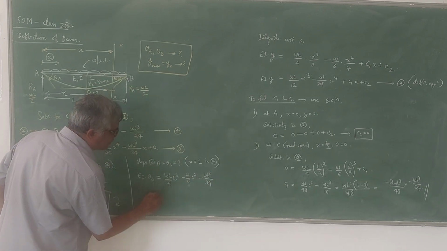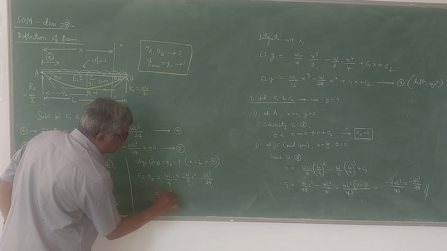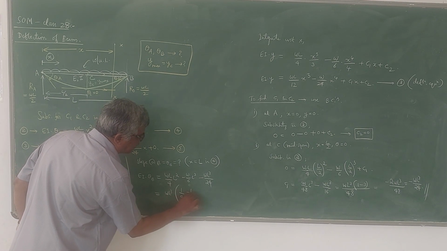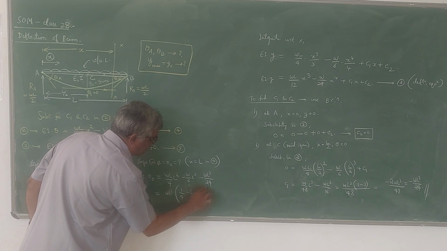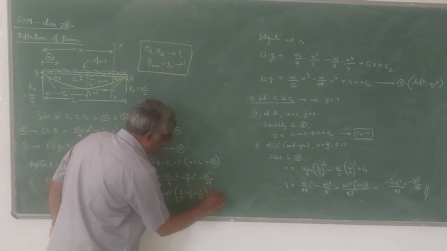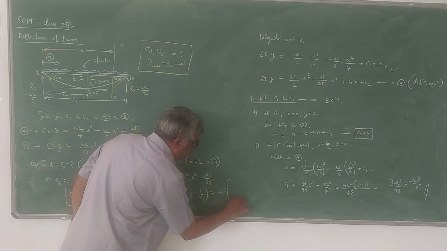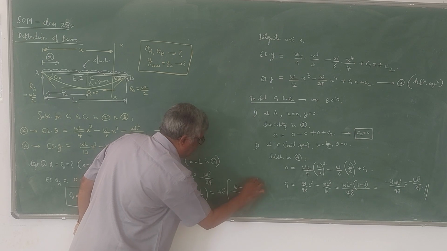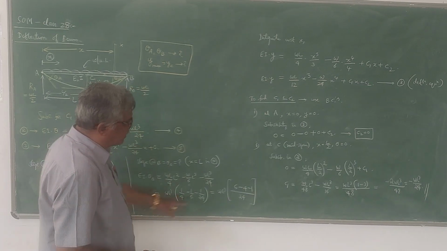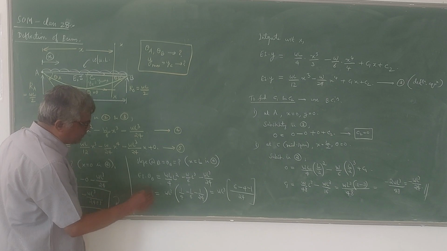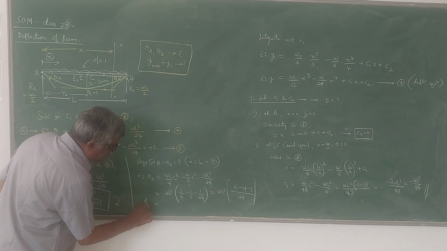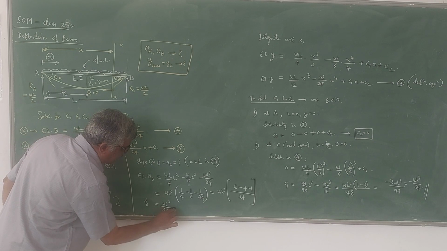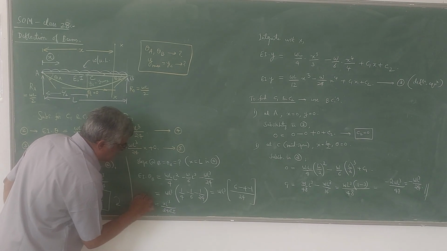Simplifying, I get W L cube as common: 1 by 4 minus 1 by 6 minus 1 by 24. 24 is the LCM, so you get 6 minus 4 minus 1, which becomes 1 only. So 1 by 24, that means finally theta B is equal to positive W L cube by 24 EI.